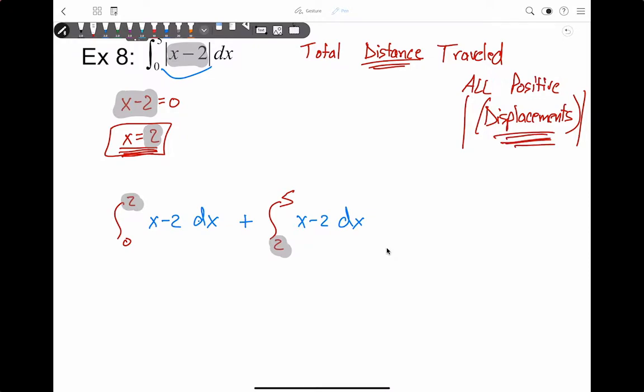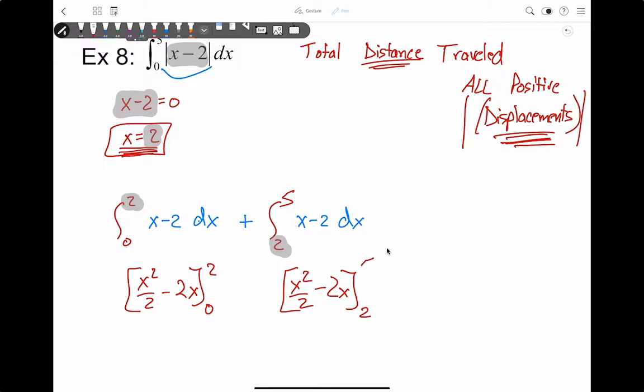So x will become x squared over 2, and then 2 becomes minus 2x. We are evaluating this from 0 to 2. And the same thing over here, x squared over 2 minus 2x, but this time from 2 to 5.